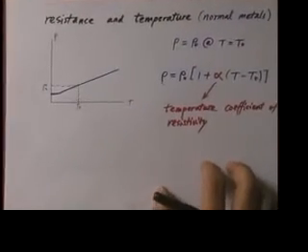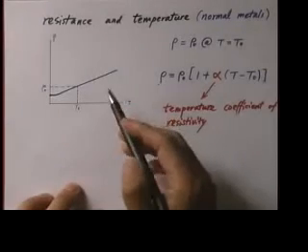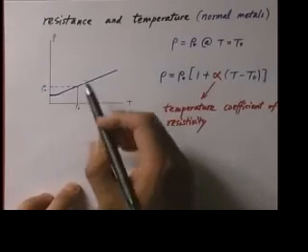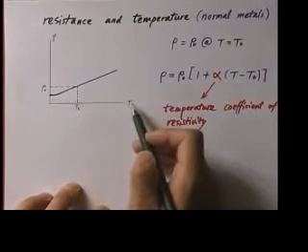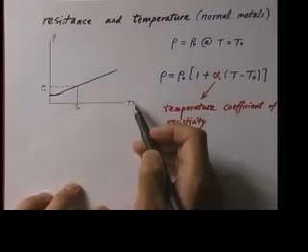Now, speaking of temperature dependency, for a typical metal, this is what we expect as temperature changes as far as the resistivity is concerned. The resistivity plotted as a function of temperature, in the absence of superconductivity. Not all metals are superconductors at low enough temperature.